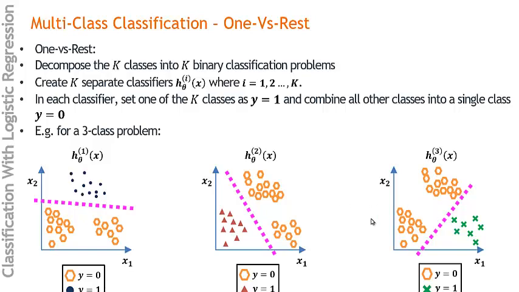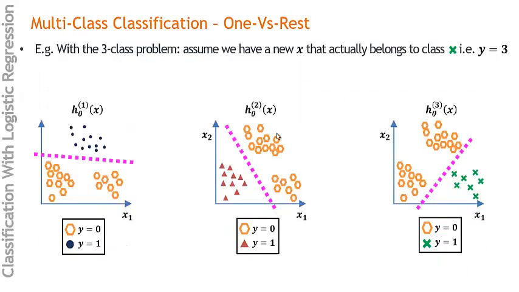Now, how would you actually apply this for a new data point? Suppose we have a new data point that actually belongs to class 3. We'll apply each one of these 3 classifiers to that new data point. Here's our new data point. It turns out that it's actually in class 3.